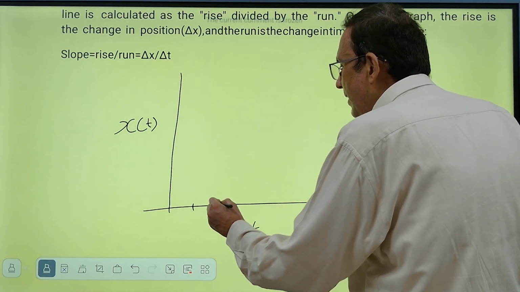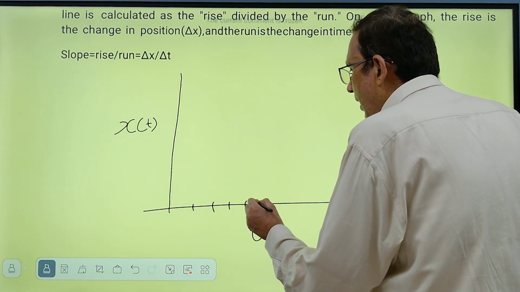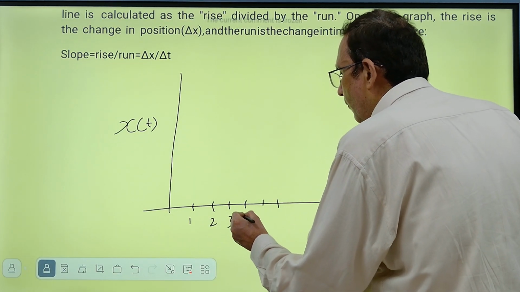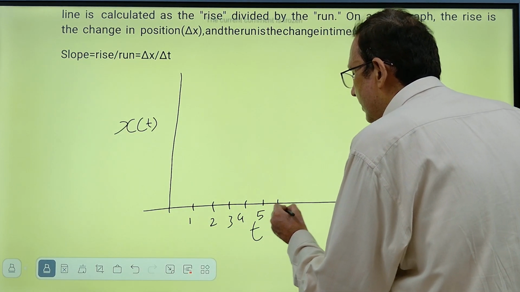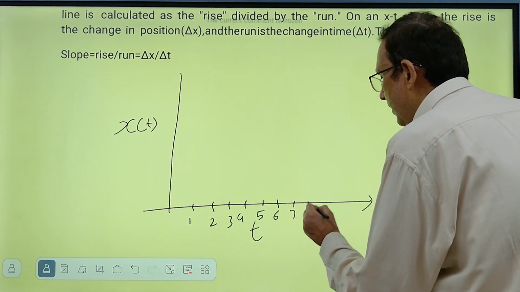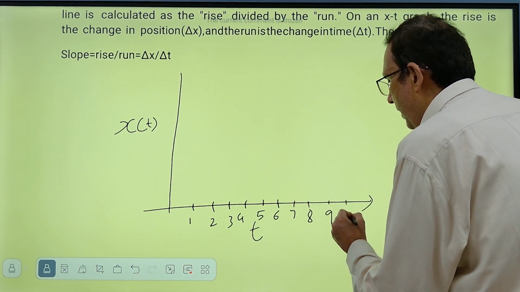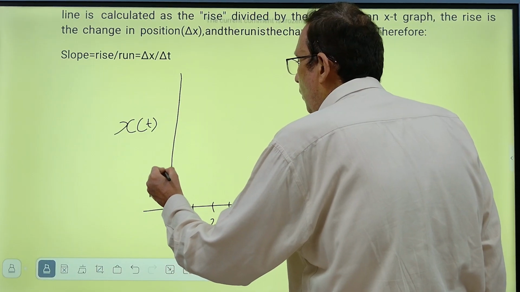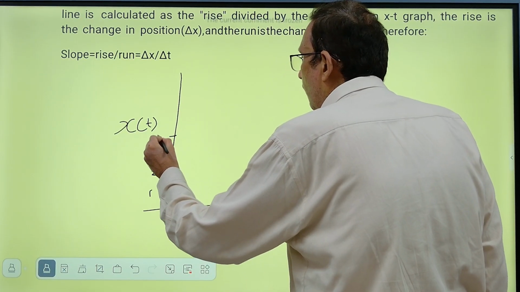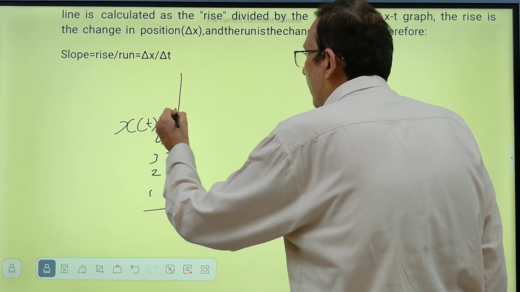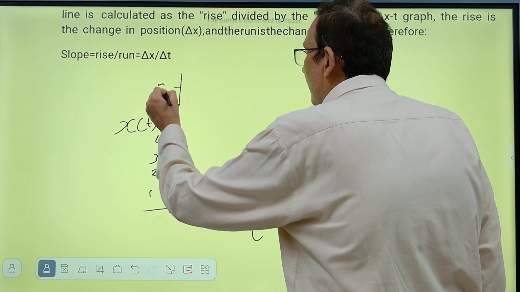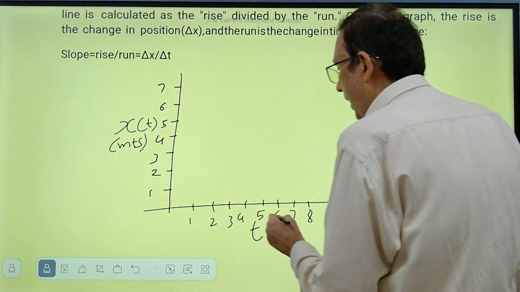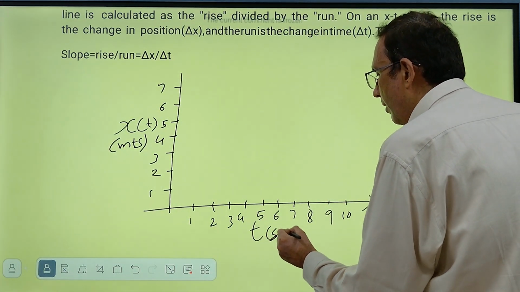Let us say time is marked in seconds: 1, 2, 3, 4, 5, 6, 7, 8, 9, and 10. Similarly, the position is marked in meters: 1, 2, 3, 4, 5, 6, 7, and so on. So it is in meters, and time is in seconds.